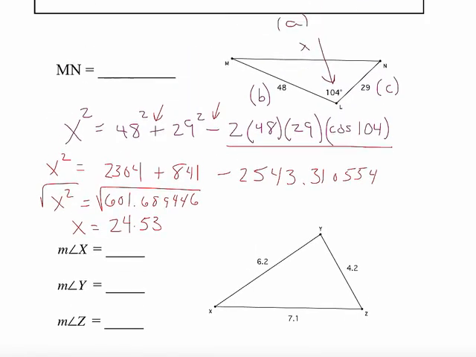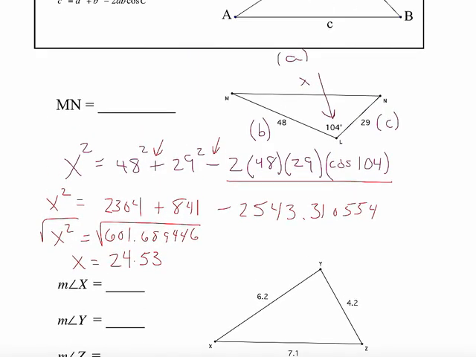And now I look at the triangle and I see if that seems reasonable. I've got an angle of 104 degrees and sides of 48 and 29, and 104 is the biggest angle and 24.53 is not the biggest side, so definitely I went wrong somewhere in this problem.